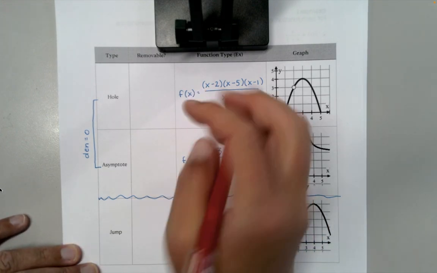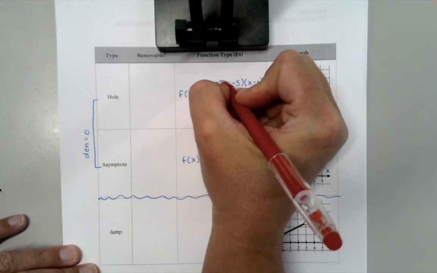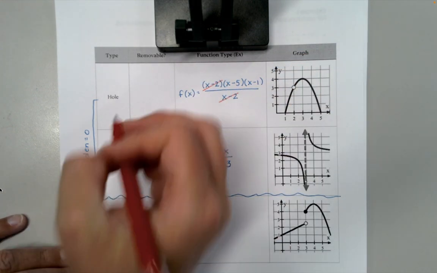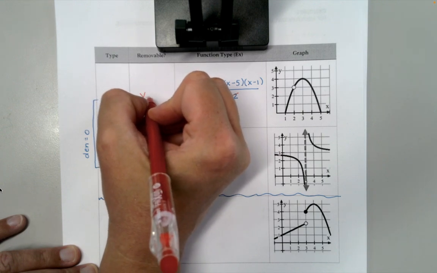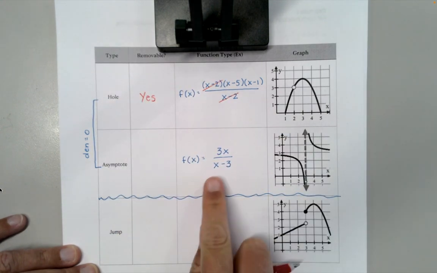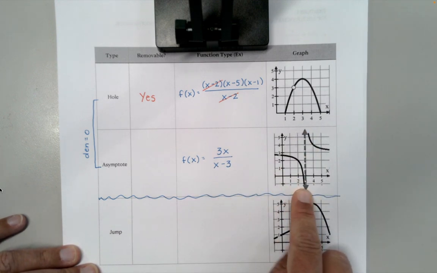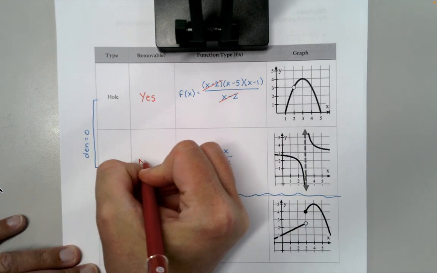In this case, you'll notice I put an x minus 2 up on the top as well, and those two things cancel each other. That means this is a removable discontinuity. For the asymptote, there's nothing up top that can cancel with that x minus 3, and that's why this creates an asymptote. This is not a removable discontinuity.